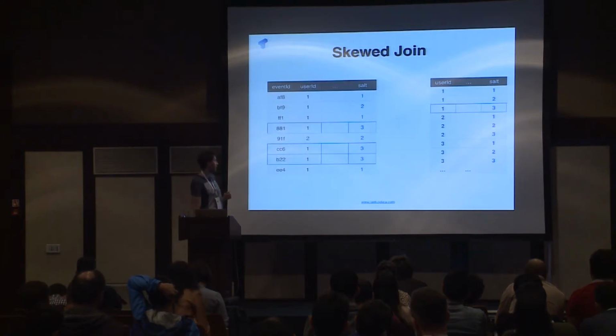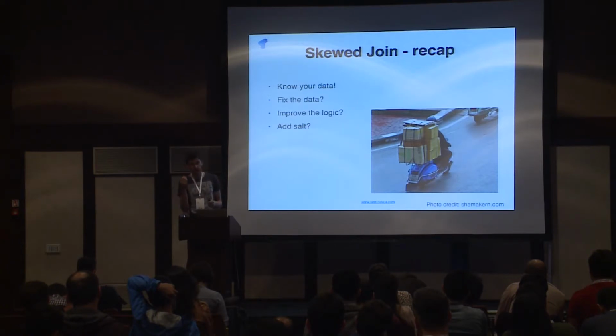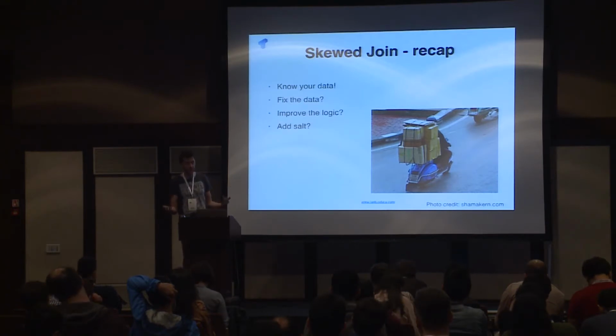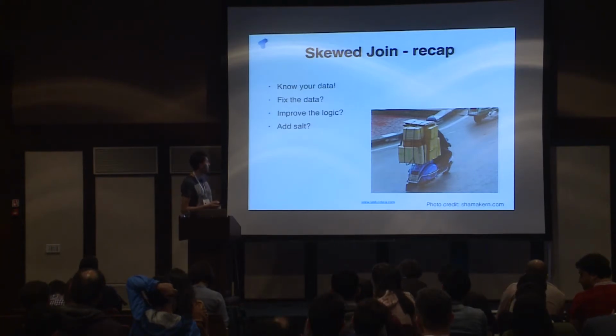And user ID 1 and salt 3 will go to another task. So it's a super simple technique, and it might sound a little bit artificial to you, but this is a kind of problem I can see very often, and it very often helps. So there are tons of other problems you might face, and they are kind of unique, but this happens really often, and it is a nice trick to have in your bag of tricks, let's say.